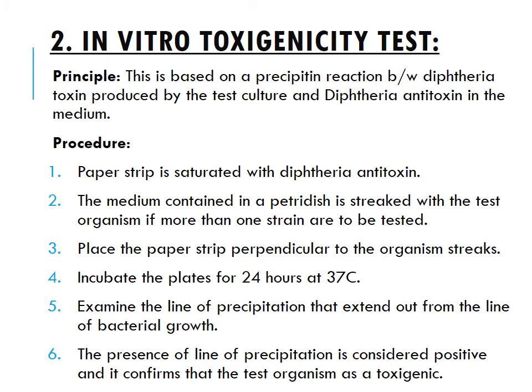Incubate the plates at 37 degrees Celsius for 24 hours. Examine the line of precipitation that extends out from the line of bacterial growth. The presence of a line of precipitation is considered positive, and it confirms that the test organism is toxigenic.